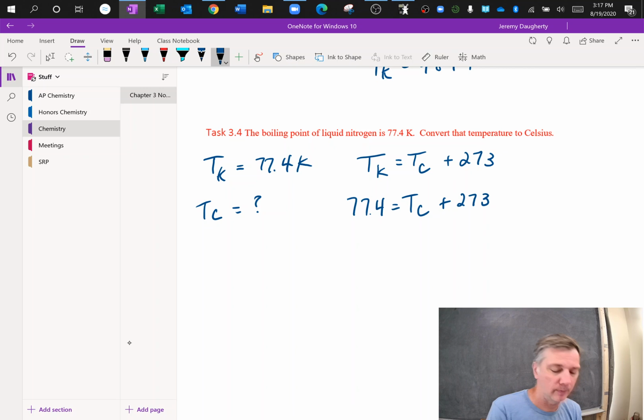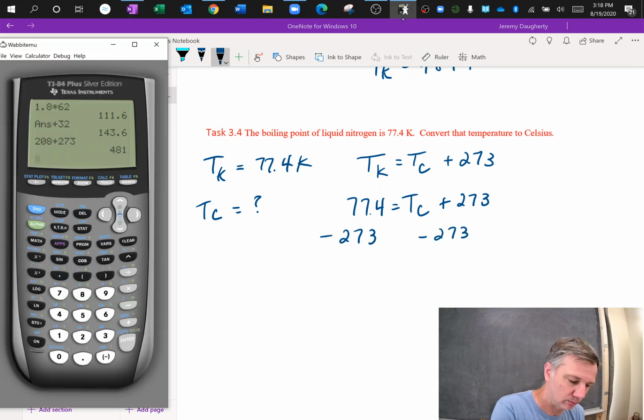So now, algebraically, I'm going to subtract that 273. When I do this on my calculator, I've got 77.4 minus 273.